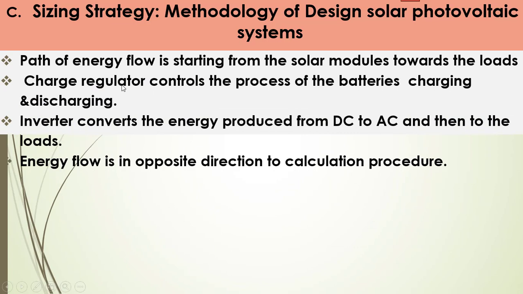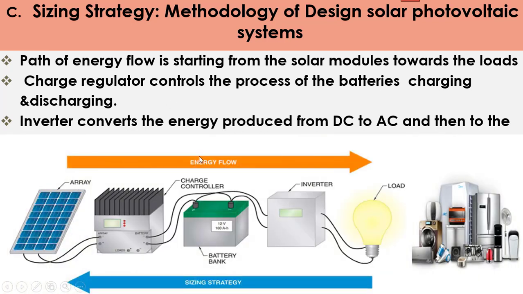Now we will talk about the sizing strategy or the methodology of designing a solar photovoltaic system. If we take a look at this diagram, we will see that there are two arrows starting from the solar array and ending with the loads.